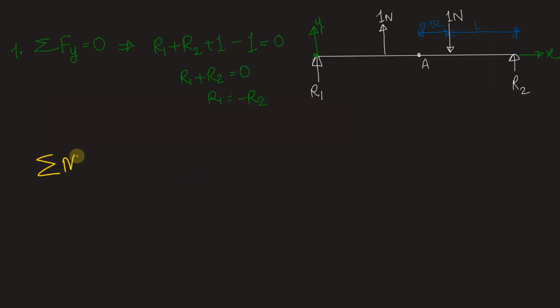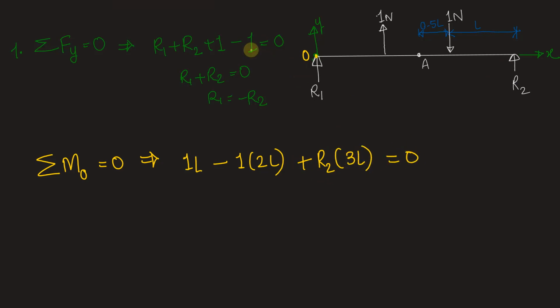Hence we have summation moment about this point O equal to 0 gives us, let anticlockwise be positive, hence moment of 1 Newton about O is positive 1 L. Of this force, downward 1 Newton provides a moment of minus 1 into 2 L, and R2 again creates a moment in anticlockwise direction. It will be R2 into 3L is equal to 0.